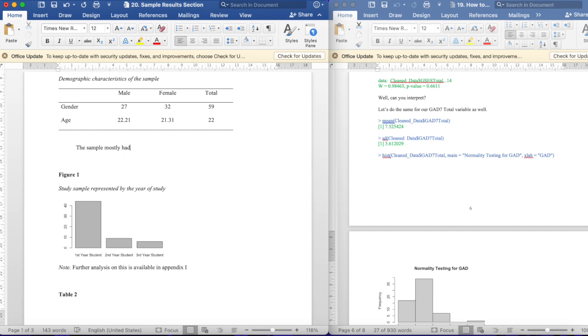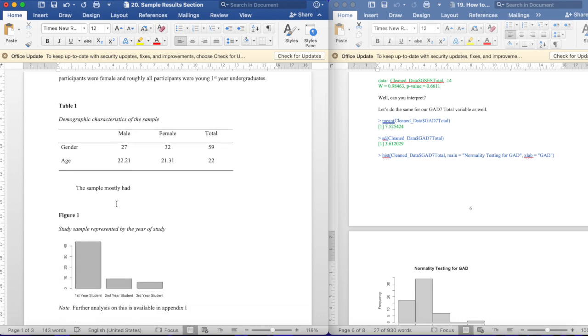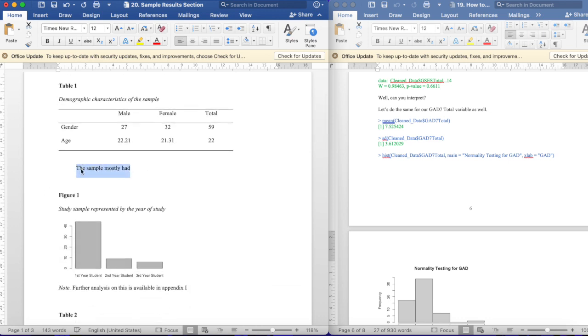So this is just generating a draft, but after that, you can further fine tune this and add more content.